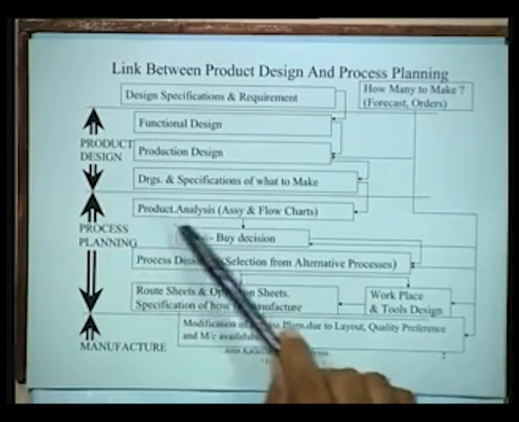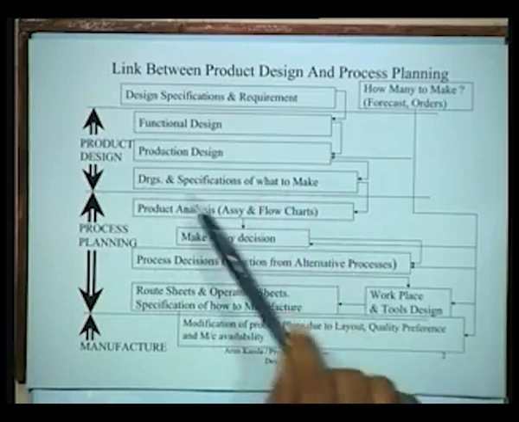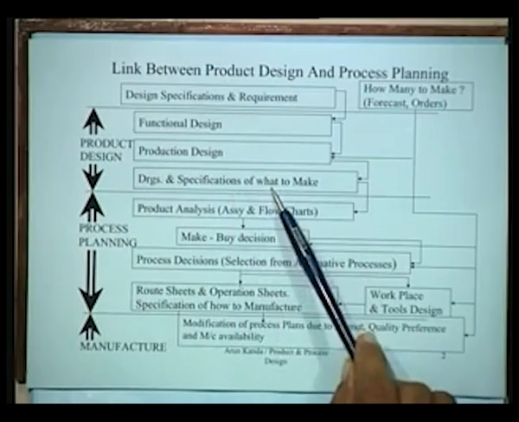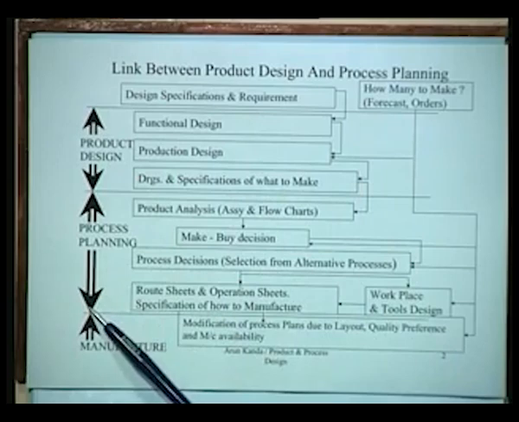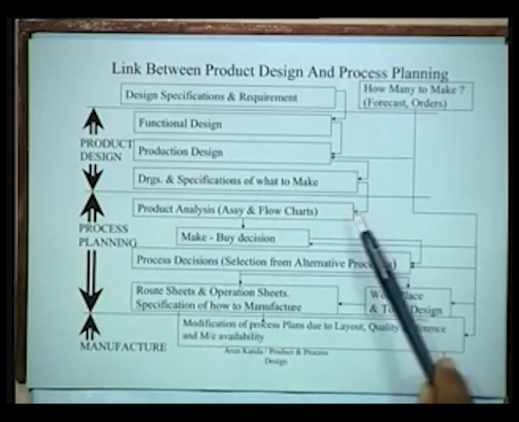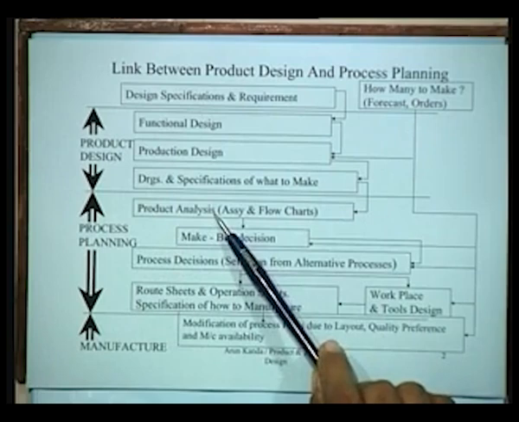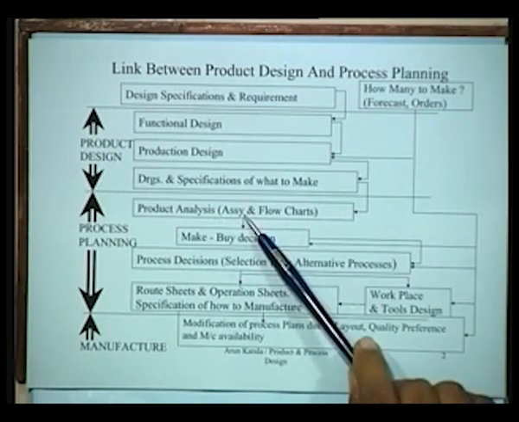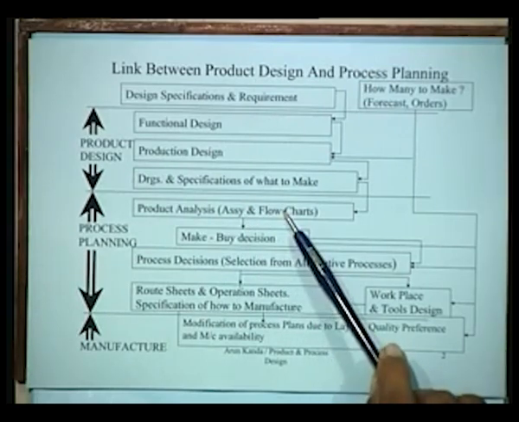Once the product design is made, which is in the form of design specifications, drawings and specifications of what to make, the next general phase is what we call process planning. And in process planning, we are generally concerned with, number one, an activity known as product analysis, which is actually summarized by the development of assembly charts and flow charts.